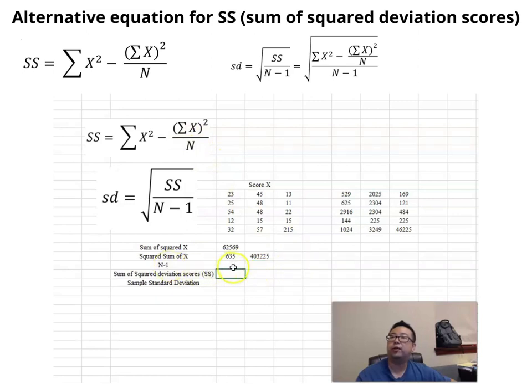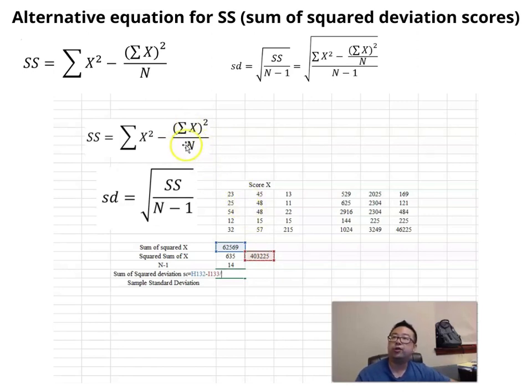So this is the n minus 1. We can see these are 5 and 3, so it will be 15 minus 1. All right, and the sum of the squared deviation scores will be this one minus this one, the squared sum of the x's divided by the number of cases.